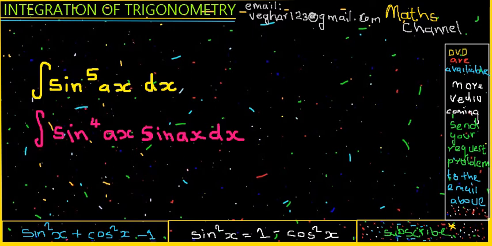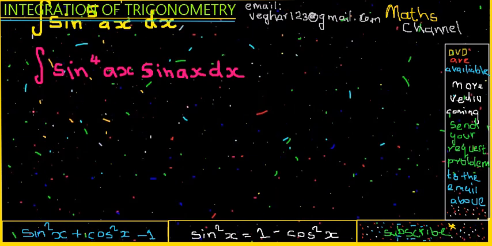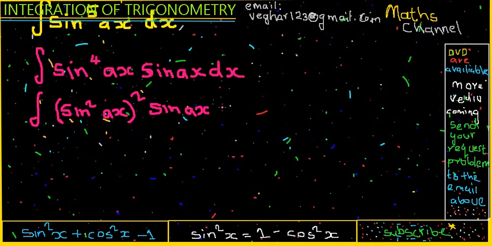And then from this point you can change this one. And then from here, you know sine square according to the identity, so you simplify it to the identity that you know.